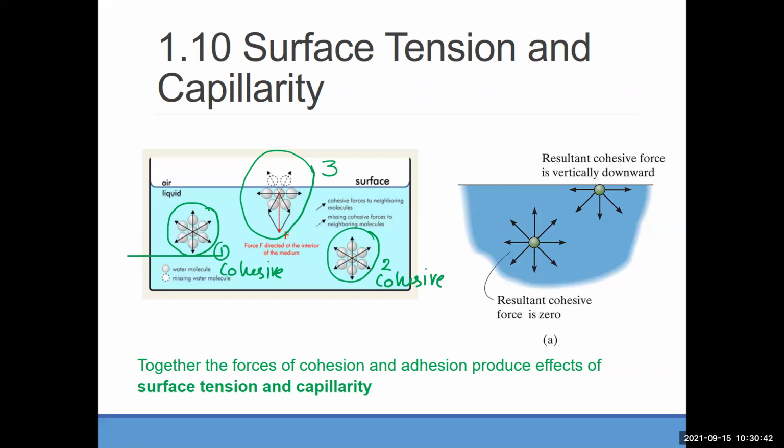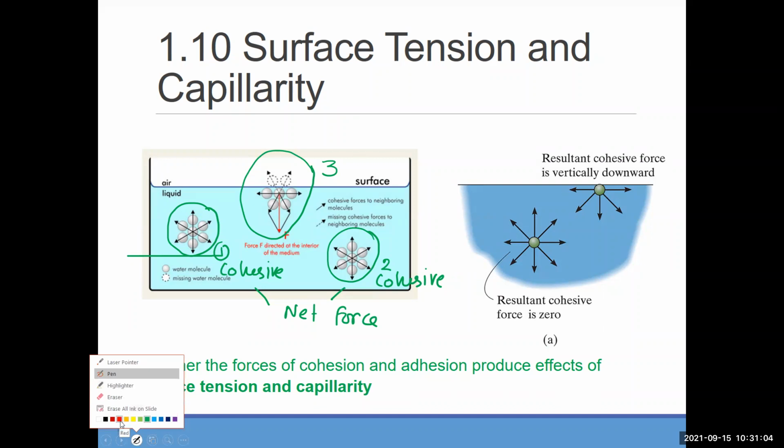Now, for 1 and 2, you are seeing each particle is connected with other particles in all the other directions. So there is no net force because that is neutralized by the force from the other particles. Now, for point number 3, what are the different type of forces we have here?